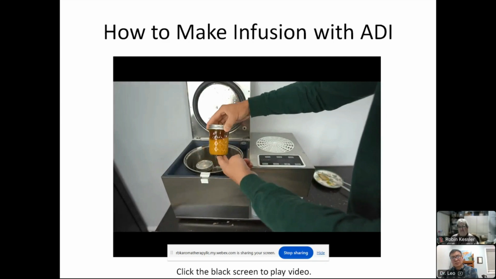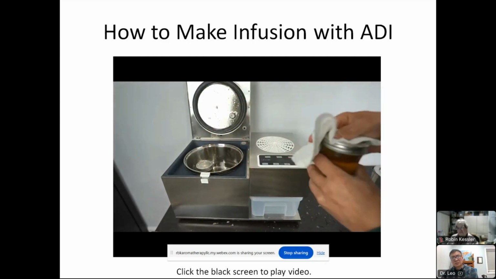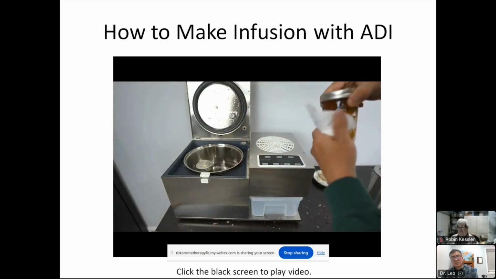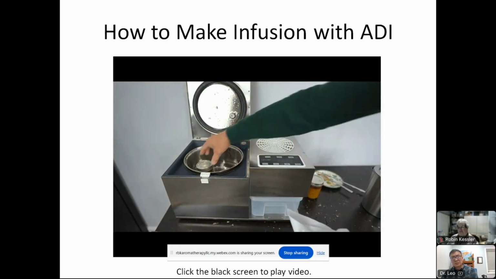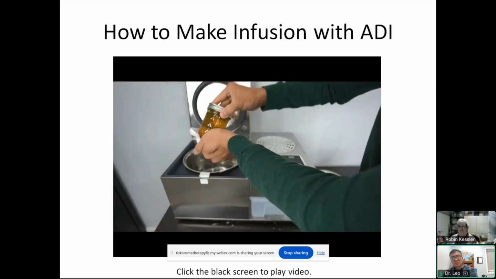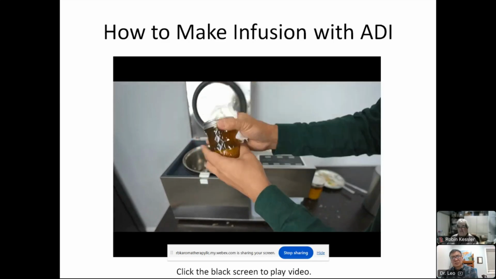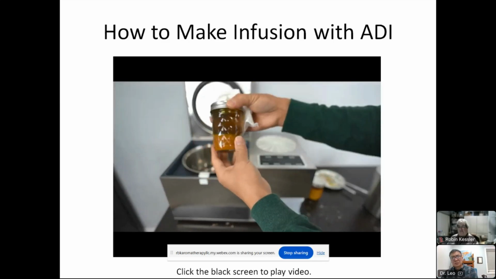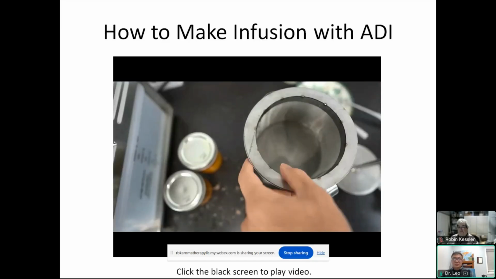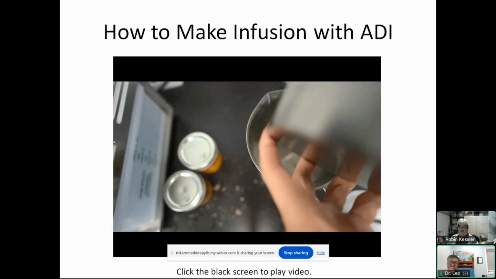First one, the tincture. This one's oil. So we use a press to separate the infusion from the herb.